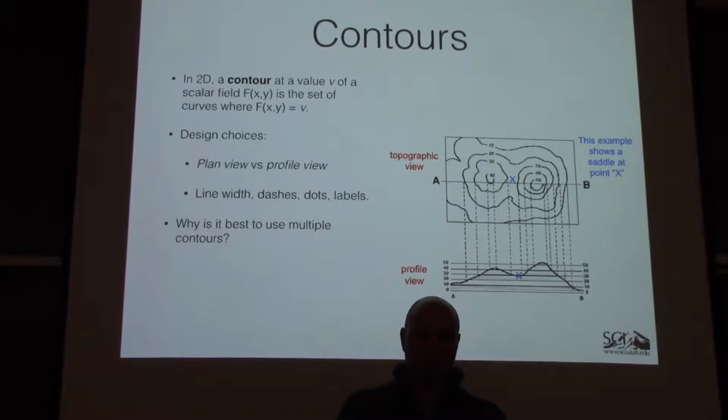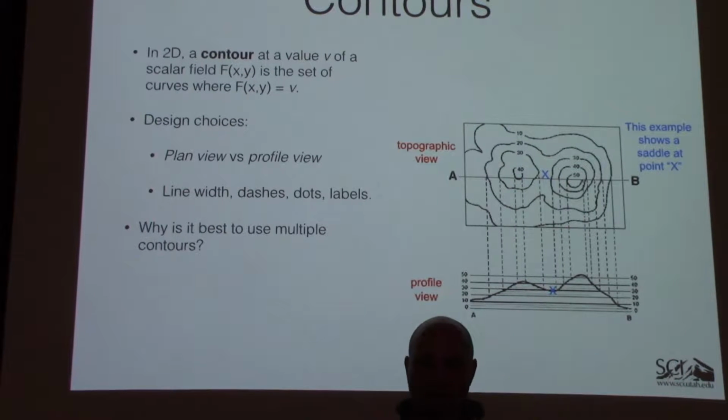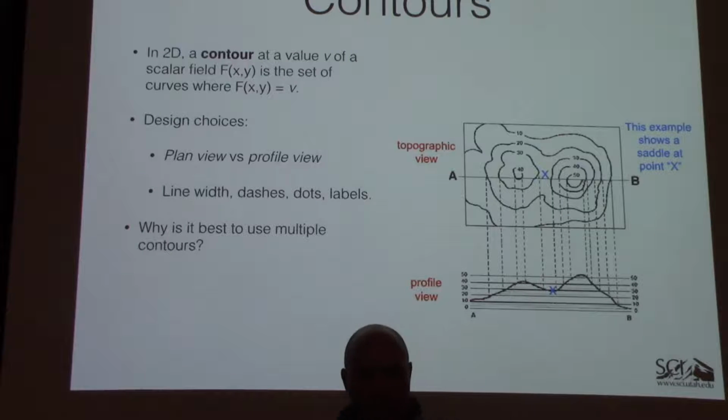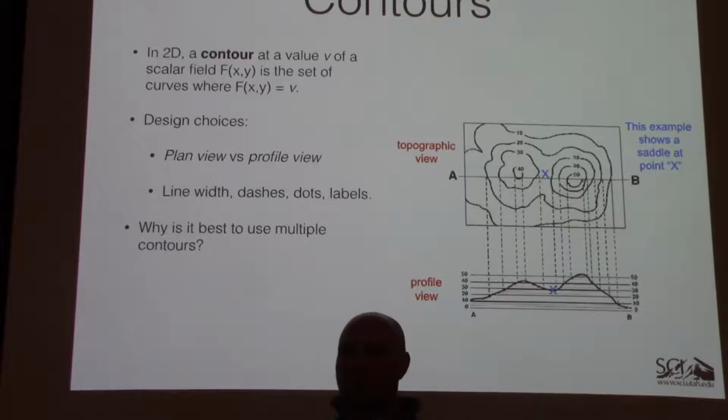The main field where you would use this is cartography and topography, especially topography, where you're really interested in looking at height. And the main design choices you have there are to look at it as a plan, which is sort of the conventional way, or also you can look at it as a profile, which is just looking at the height and fixing one of the axes.